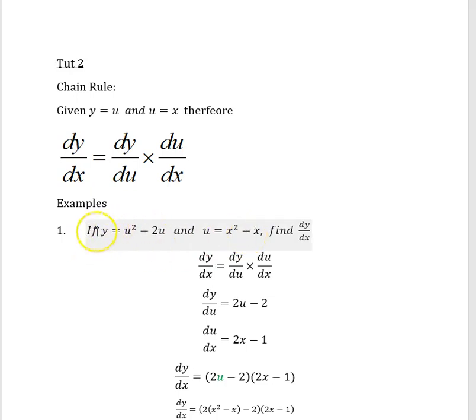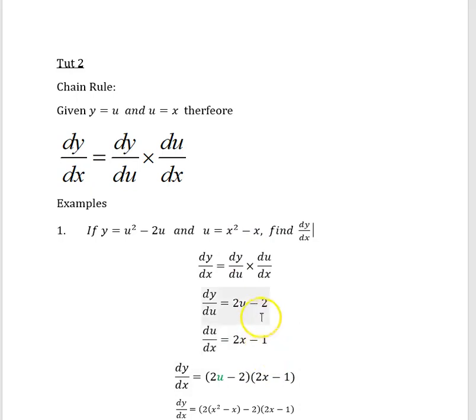So let's differentiate y with respect to u, that's dy du, and then we differentiate u with respect to x. The dy du there is 2u minus 2, because this becomes 1. Differentiate du dx. It will be 2x minus 1, because x gives you 1. That's it there, 2x minus 1.